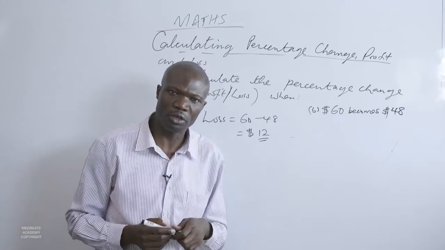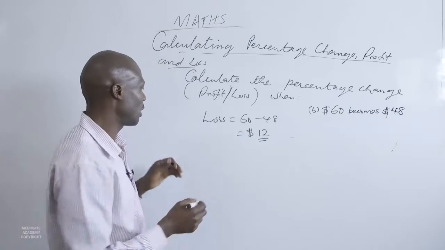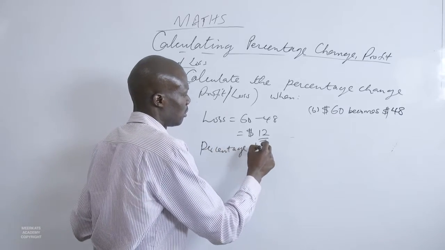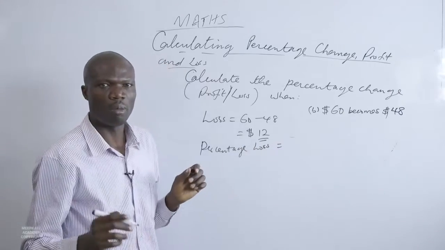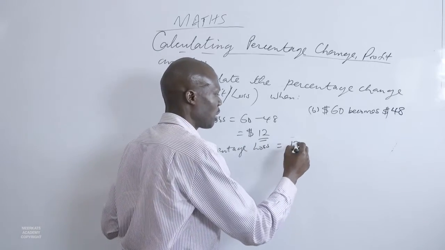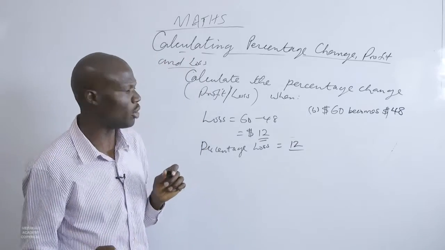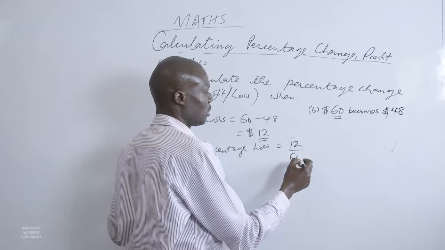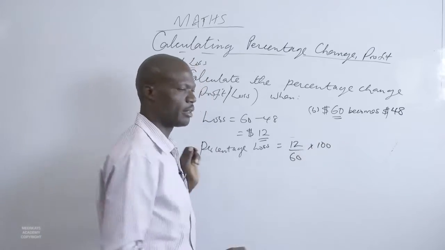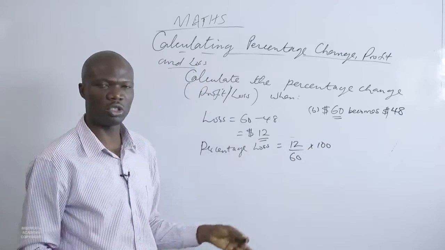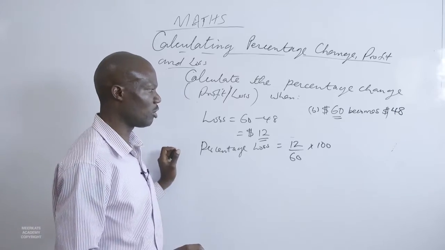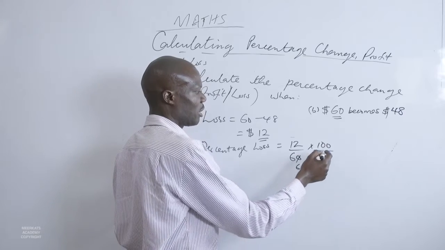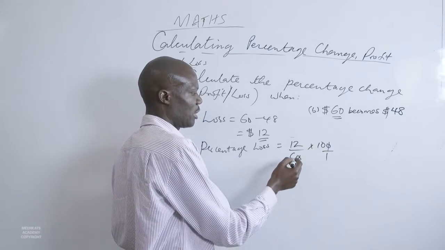Now from the $12, we go ahead and calculate the percentage loss. Percentage loss here is 12 over the original value, which is 60, multiplied by 100. So 12 goes into 60, although we can divide by 10, because 1 by 10 is 6, and by 10 here is 10.